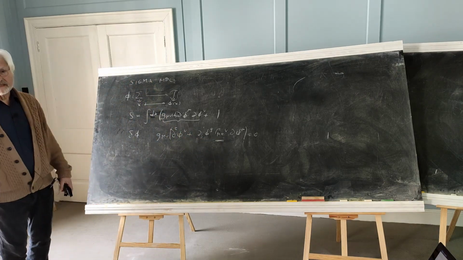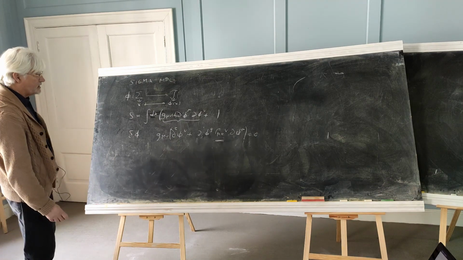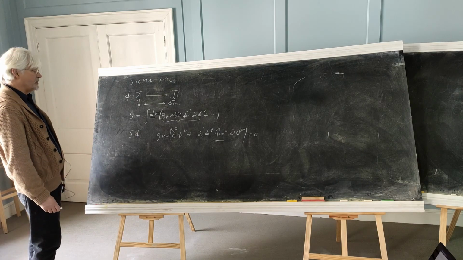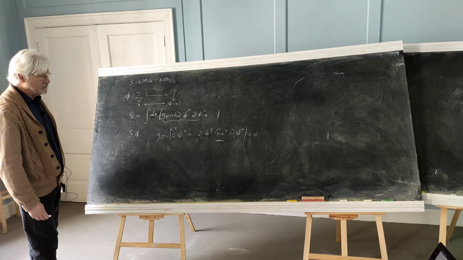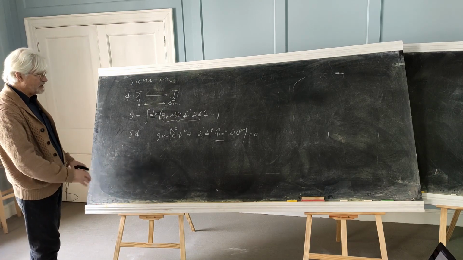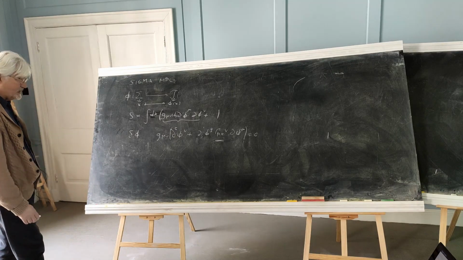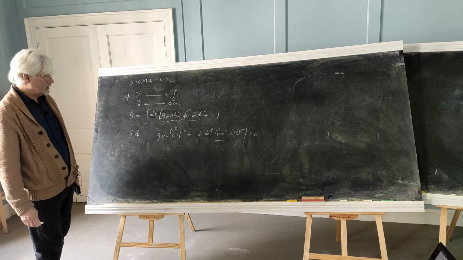So already at this stage, just writing down a bosonic sigma model, we see that this has something to do with the geometry on the target space. In this case, when we haven't specified things more than this, it's Riemannian geometry, of course.